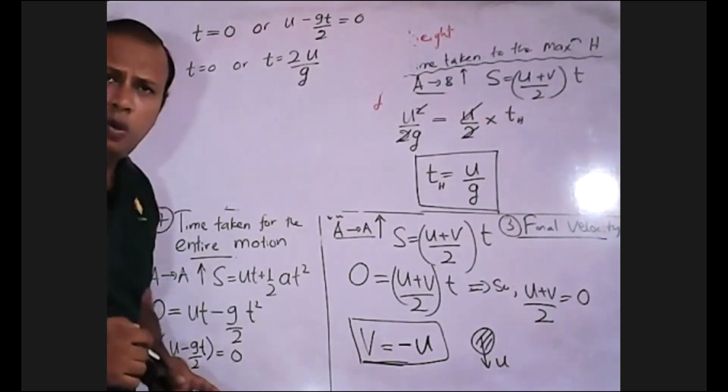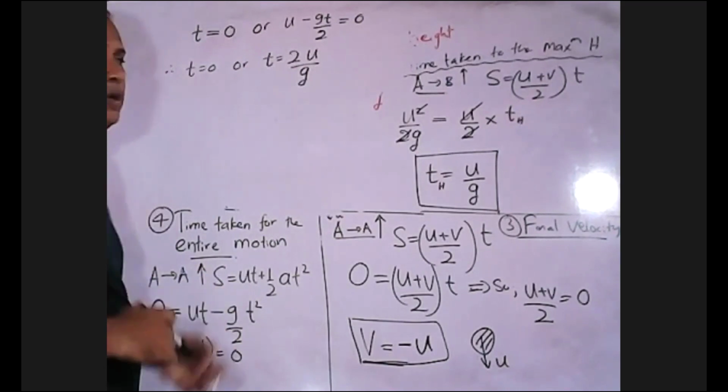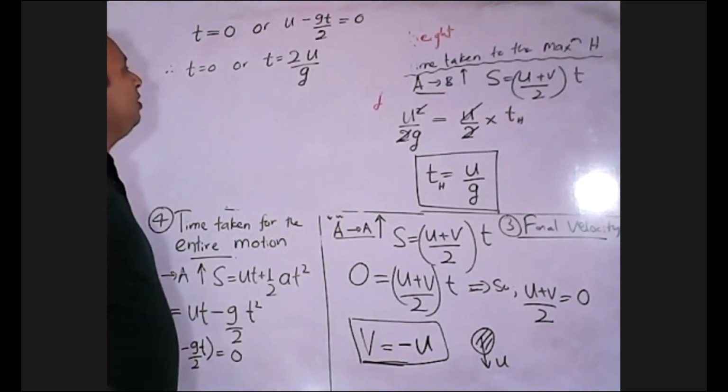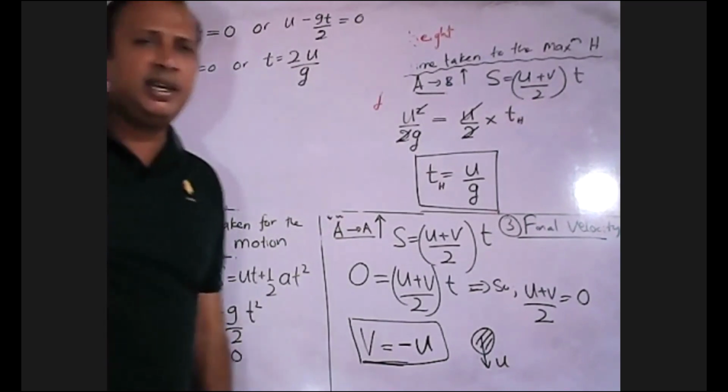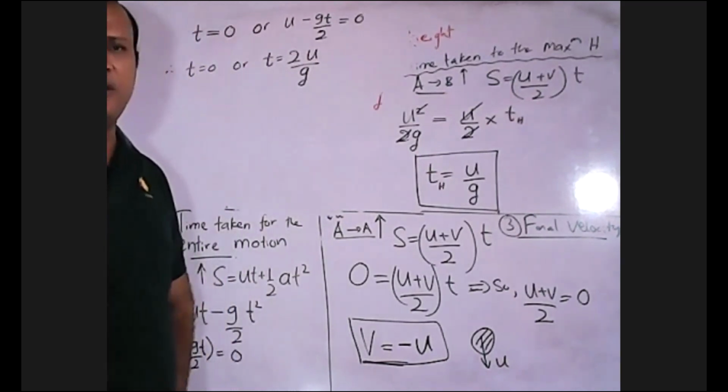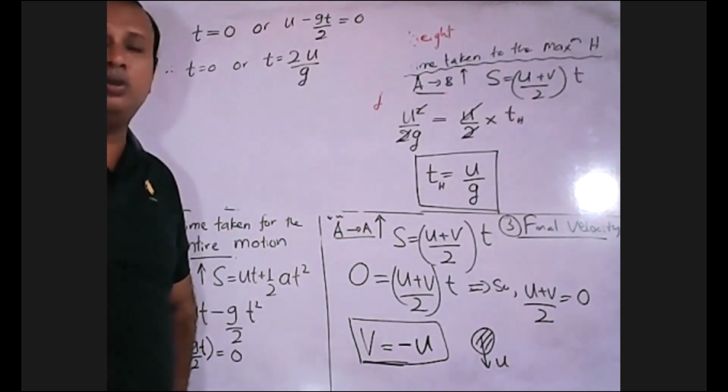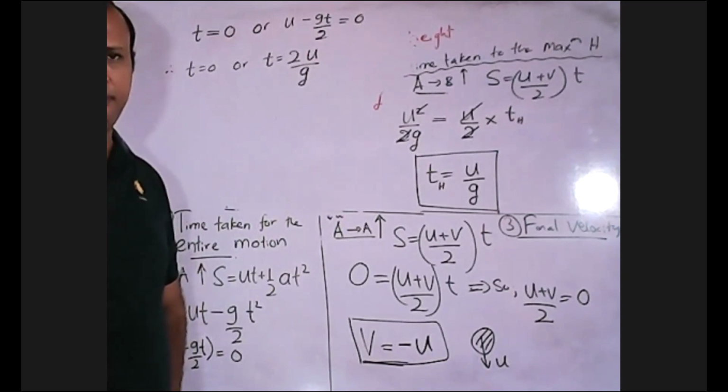Now there are two answers: one is t equals 0, the other is t equals 2u over g. So what is the correct answer? And how do we neglect the other one?